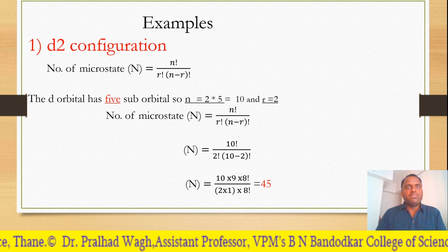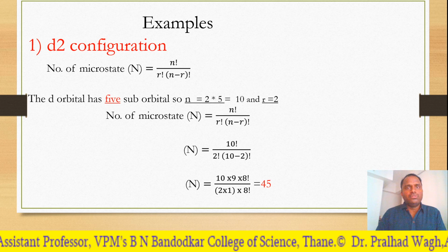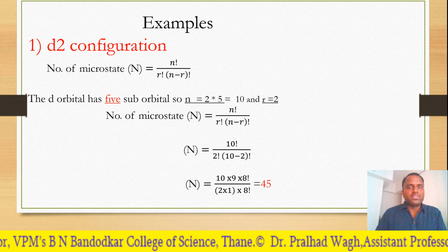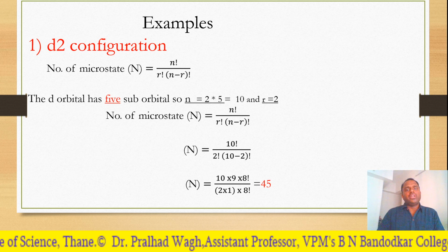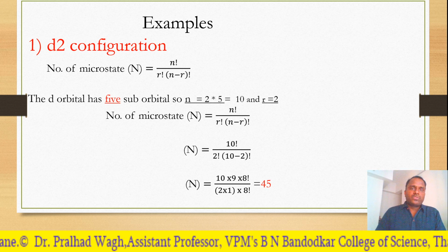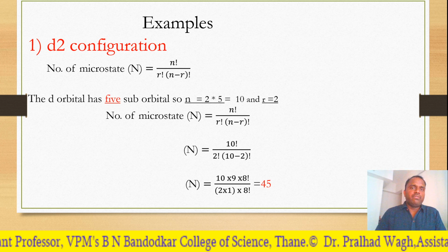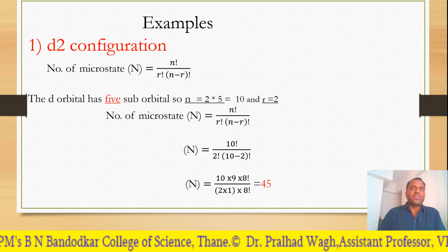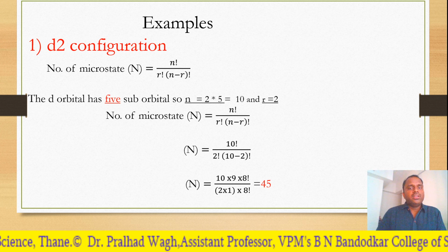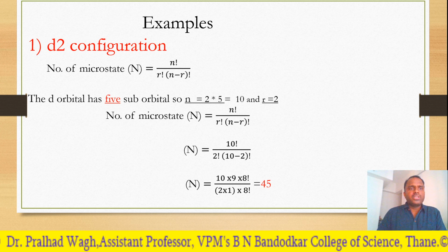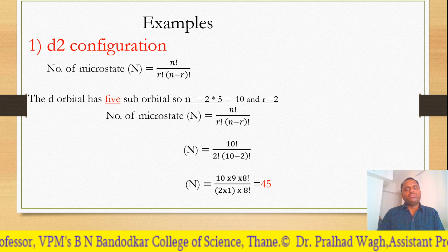By placing n as 10 and r as 2, we get the equation 10 factorial divided by 2 factorial into (10 minus 2) factorial. So 10 minus 2 factorial becomes 8 factorial. On the upper side we can write 10 factorial as 10 into 9 into 8 factorial, divided by the bottom side, 2 factorial or 2 into 1 into 8 factorial.